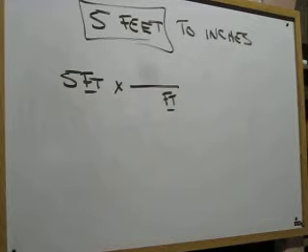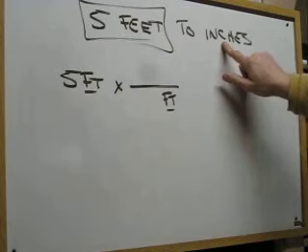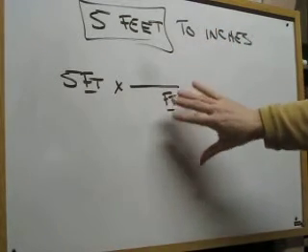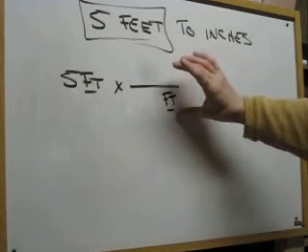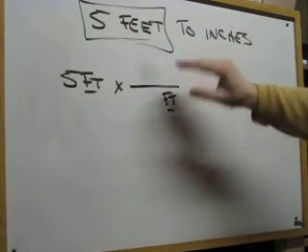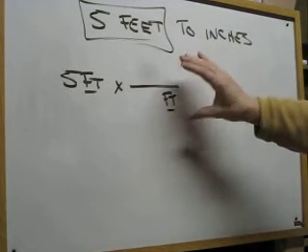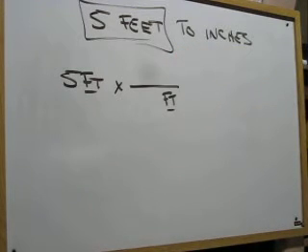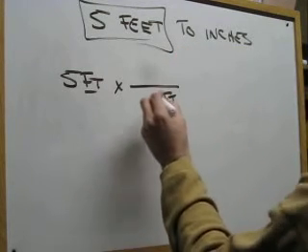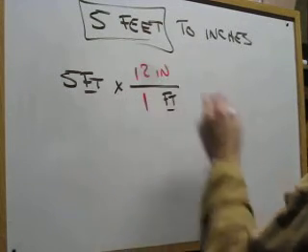And then you're going to look and see if there's any relationship. You're trying to get to inches eventually. You're going to ask yourself, okay, feet. Do I know a comparison between feet and inches? Do I know how many feet are in an inch, or how many inches there are in a foot? Do I know any kind of a relationship between those two? If I do, I put that down. And what I know is that for every 1 foot I have 12 inches.